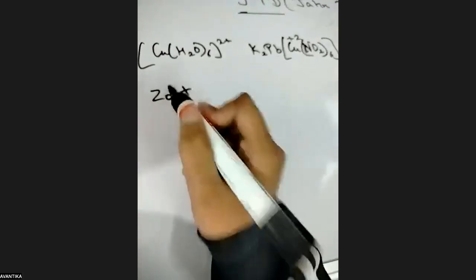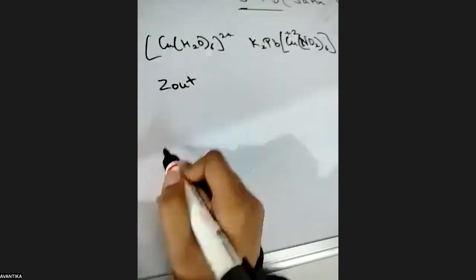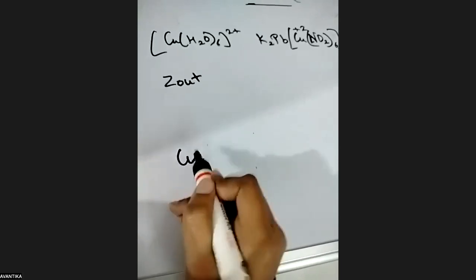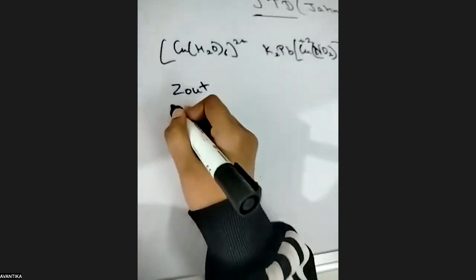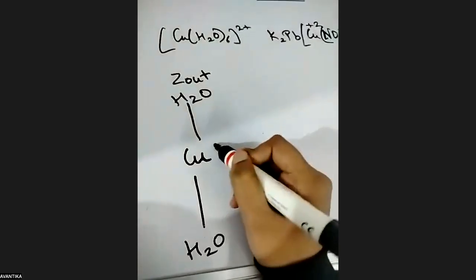But here in case of Z out, the bond length along the Z axis is very much greater than the bond length along the X and Y axis.